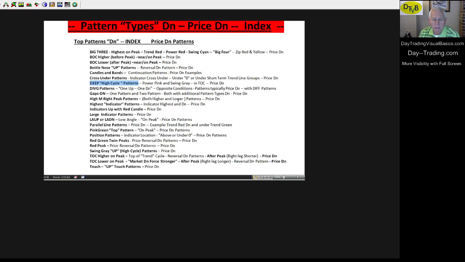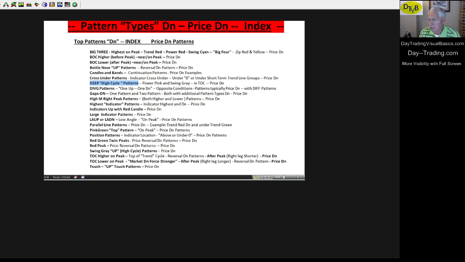When swing gray is under 0, it is a deep low cycle. When swing gray is above 0, it's a deep high cycle. And you look at different charts, and you'll find some expanded out, and you'll see how far trend gray goes down, and you'll be able to identify those cycles in a low, and opposite for a high cycle.